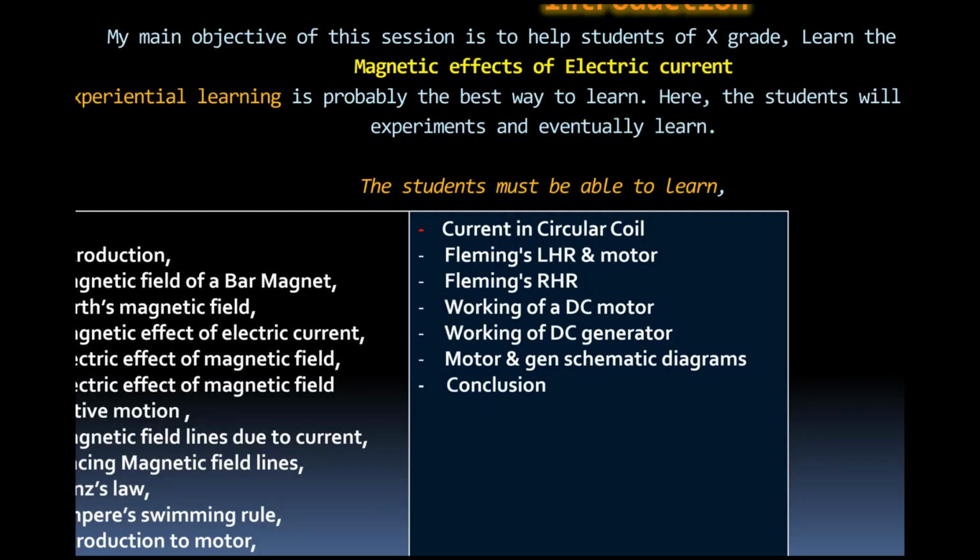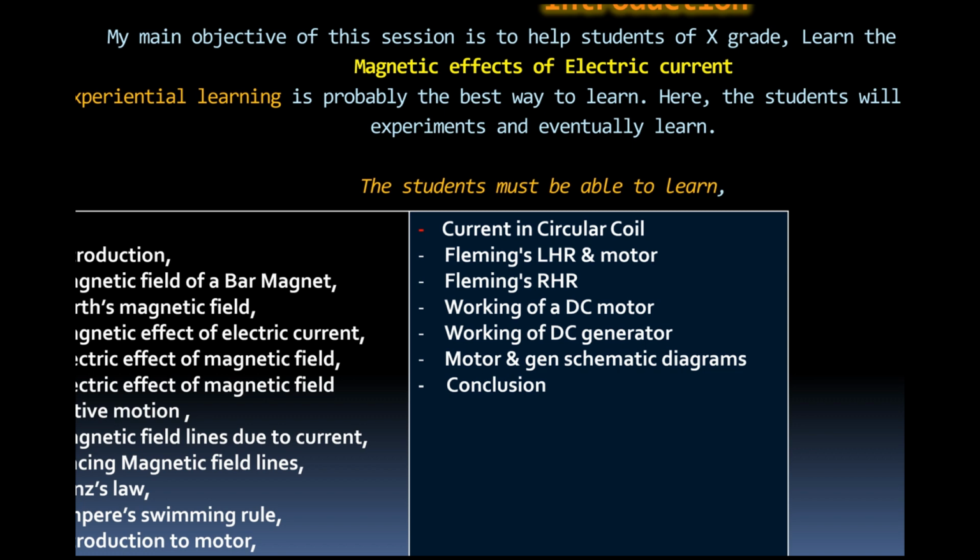These are all the topics that we have covered. As you remember, we first understood the magnetic field of a bar magnet, and then we were able to feel the Earth's magnetic field, and then the magnetic effect of electric current, with current being passed through a coil.